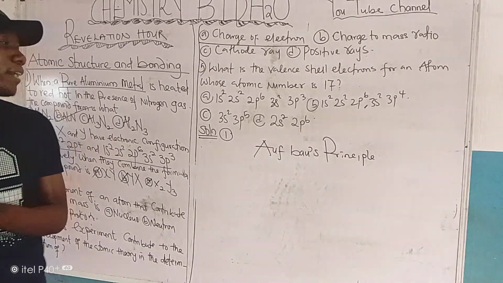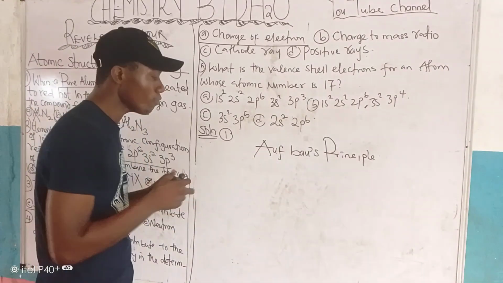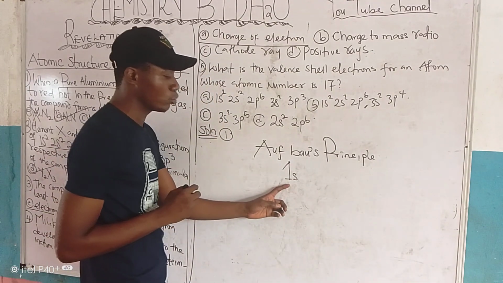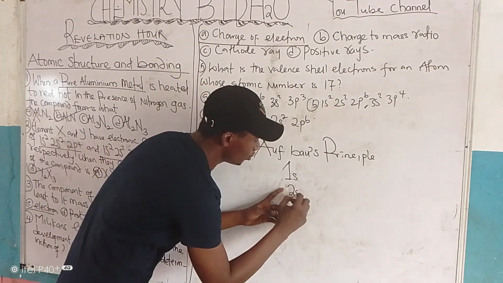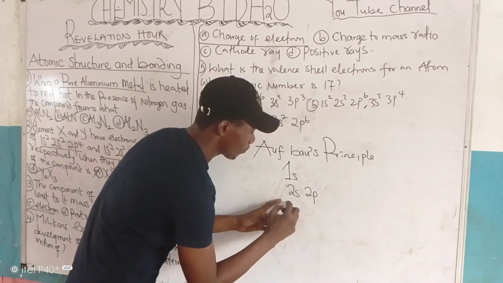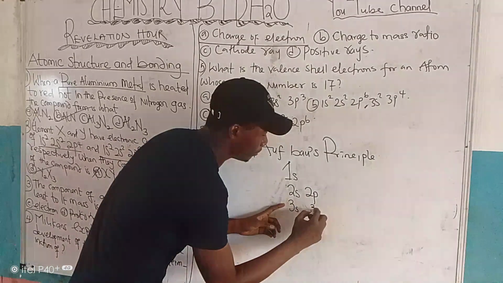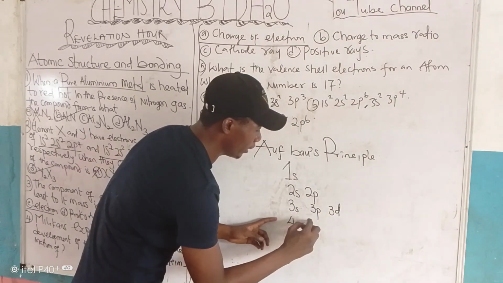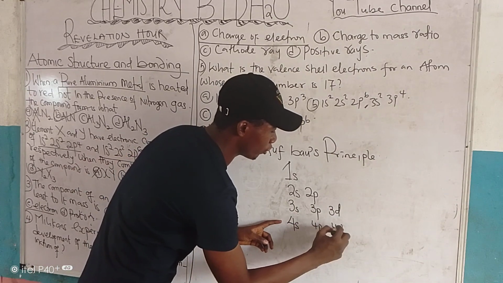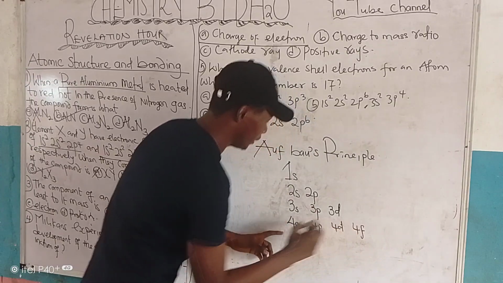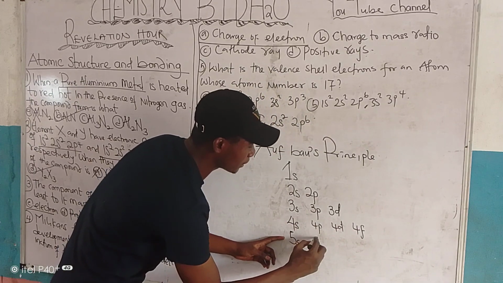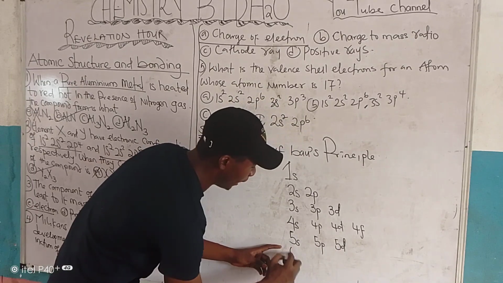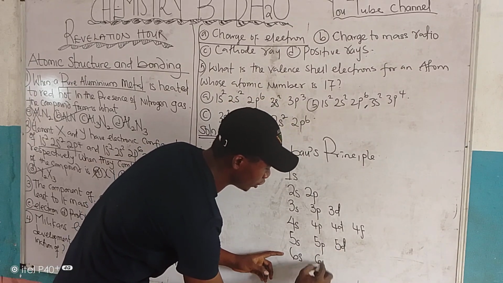The Pascal triangle that is used in the determination of the energy levels of an atom is 1s, 2s, 2p, 3s, 3p, 3d, and then you have 4s, 4p, 4d, 4f. Then you have 5s, 5p, 5d. You have 6s, 6p.